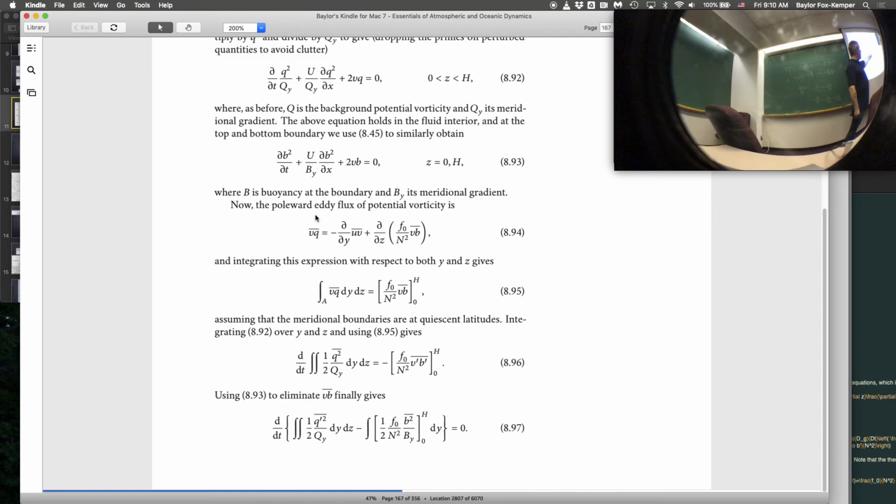Does that make sense? Because if I go back to the equation this came from, this is the poleward eddy flux of potential vorticity in this equation. So it's just the geostrophic advection that we're worried about. Okay, yes.